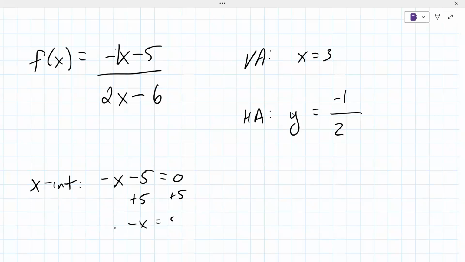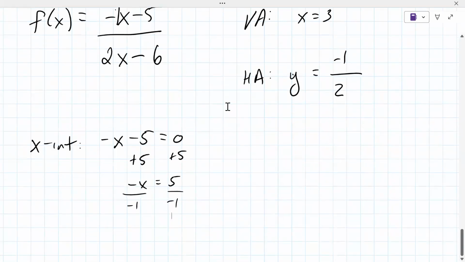So negative x equals 5. To get x by itself you have to divide. What's the number in front of x? -1. Okay, so shouldn't we divide by -1? All right, x equals -5.